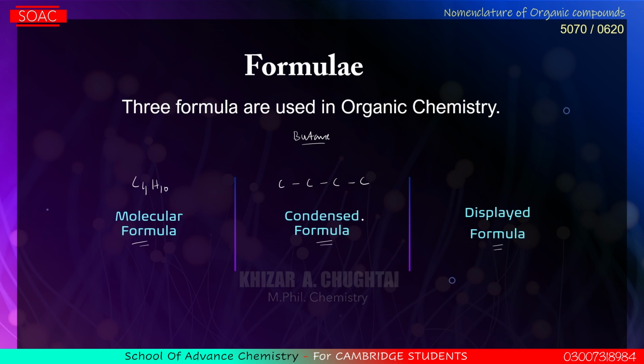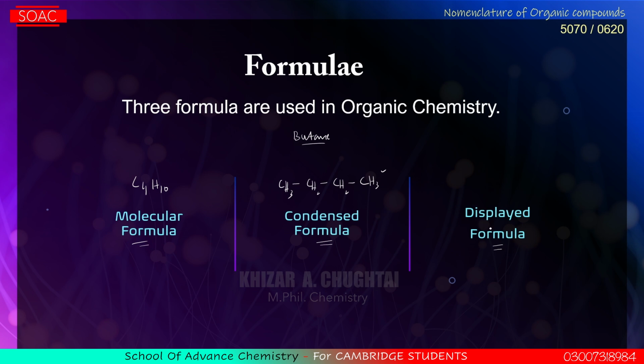In the condensed formula, basically only the main backbone covalent bonds are displayed. Just simple carbon-carbon bonds are visible. And I'm going to write CH3, CH2, CH2, CH3 with this carbon. So this formula is said to be the condensed formula of butane.